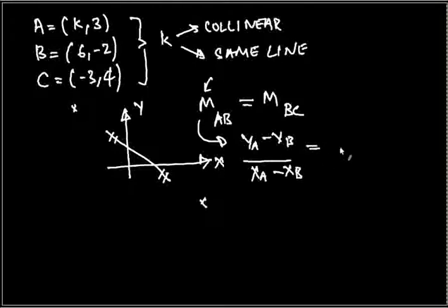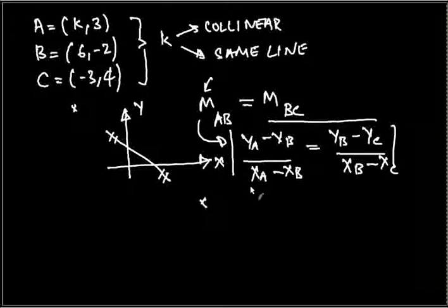And the slope of the line using points B and C would be the y-coordinate of B minus the y-coordinate of C divided by the x-coordinate of B minus the x-coordinate of C. And over here, in these two expressions, the x-coordinate of A is the k that we are looking for. Everything else is known to us. We have been given values for all of the other x and y coordinates. So now it's a simple question of just plugging in the values and then just solving for k.